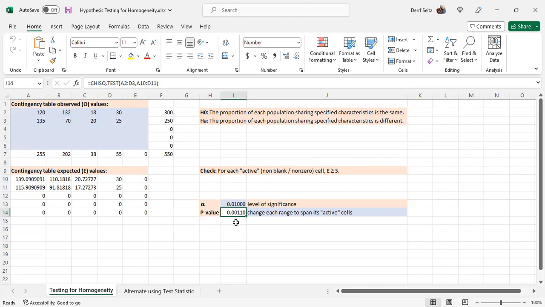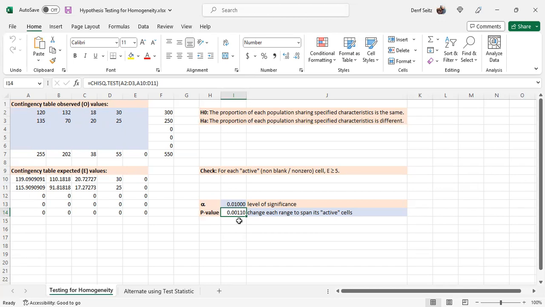Now we get our result. Microsoft Excel does the test and provides the p-value. We see that the p-value is less than alpha. It's less than or equal to, so it's in this case less than.